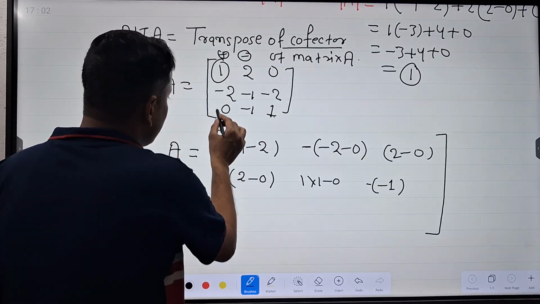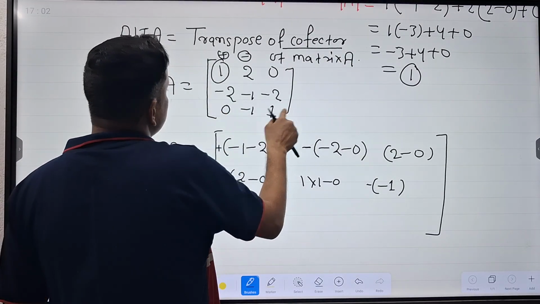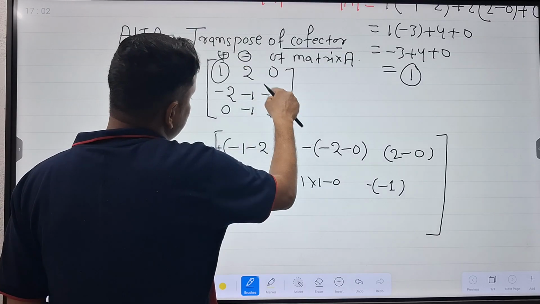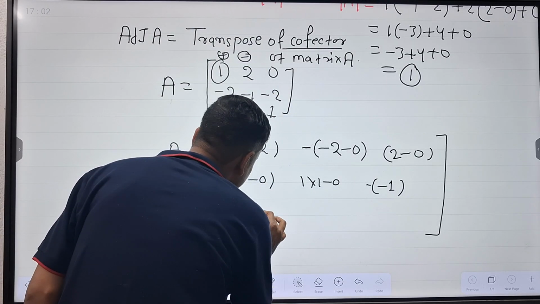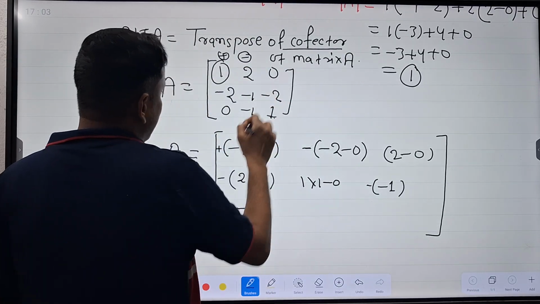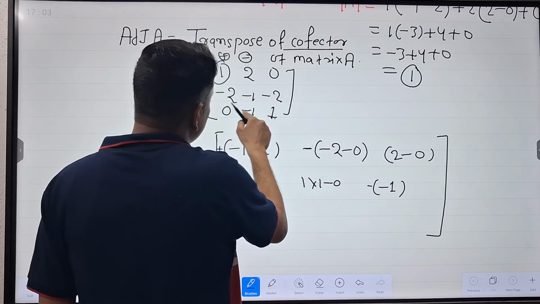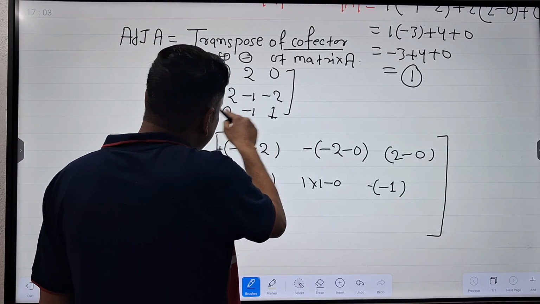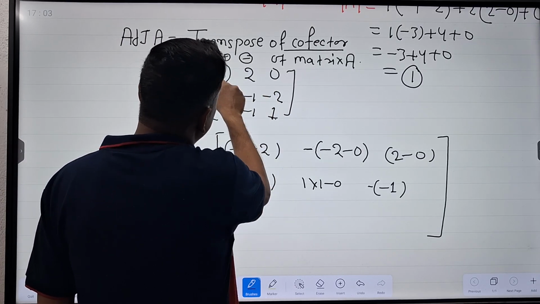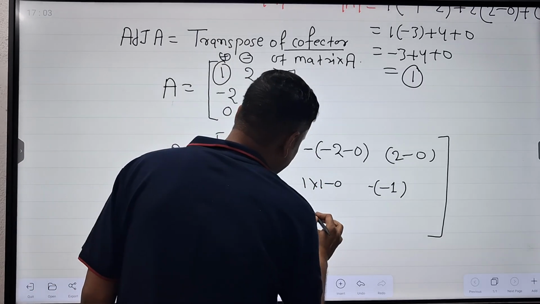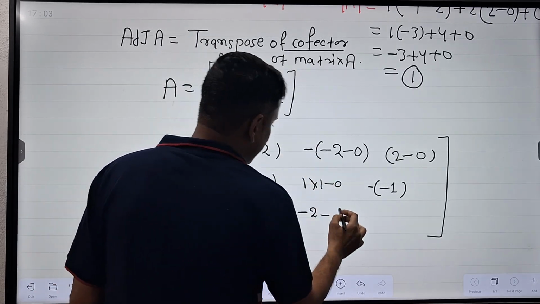And for this element, this row and this column will cancel. So minus 2 into minus 2 into minus 2, minus 4, and minus 4 minus 0. For this element, minus 1, this column and this row will go, minus 1 into minus 2, minus 2 minus 0.